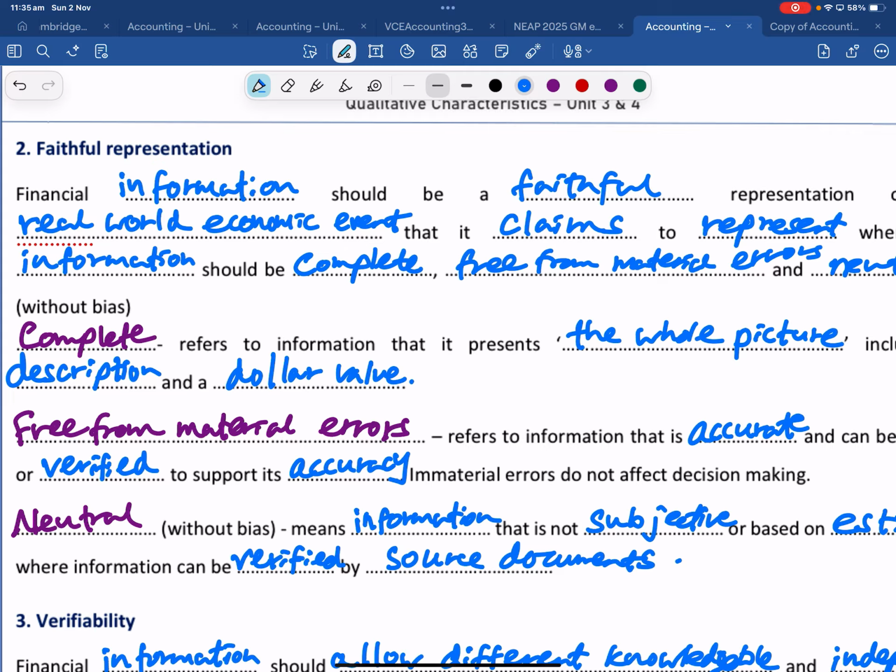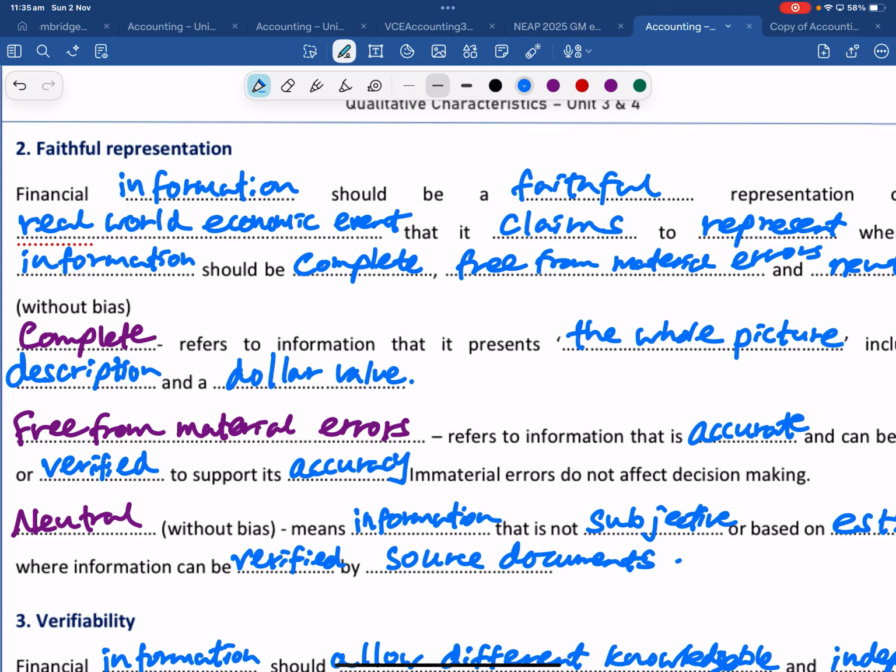Finally, remember that free from material error explains the accuracy of the information, and also the extent to which it can be verified by the source document. So if you are saying this is 5,000, where is the invoice, or the receipt, or the bank payment confirmation? The final thing is neutral, without bias.